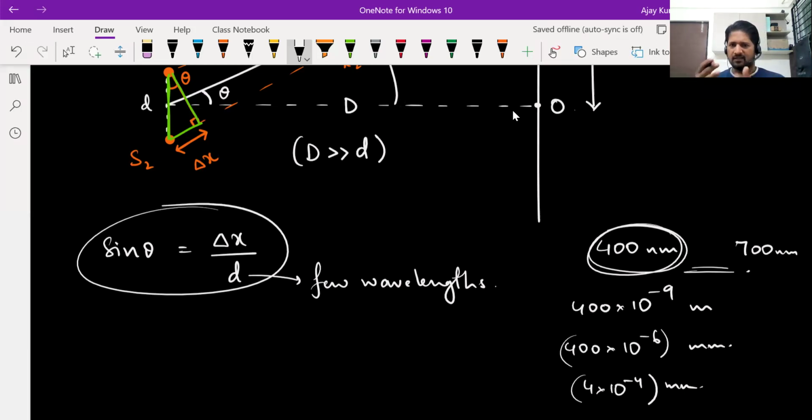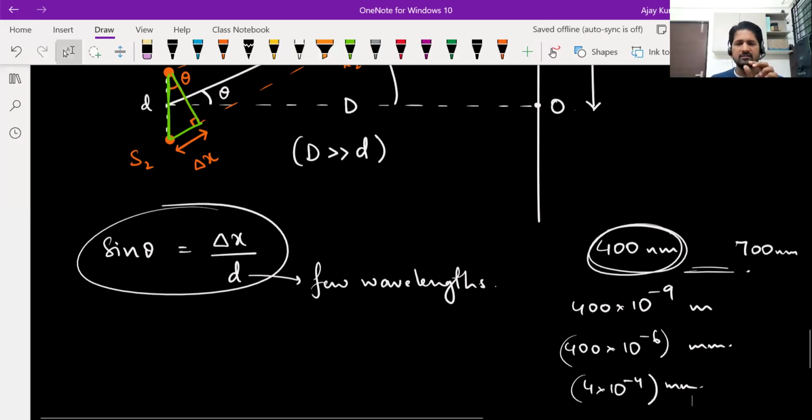Now, if you want to practically do this experiment and see the interference pattern, you will need two sources and you will have to bring the sources very close to each other. But how close can you bring them? Millimeters? Practically, it's not possible to bring them any closer than that.